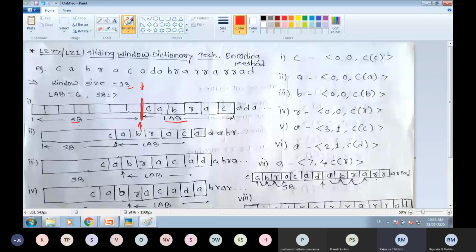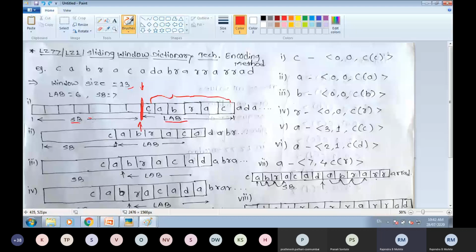The size of the look ahead buffer is 6, so there are 6 places we can use for the look ahead buffer: 1, 2, 3, 4, 5, and 6. The remaining 7 represent the search buffer.